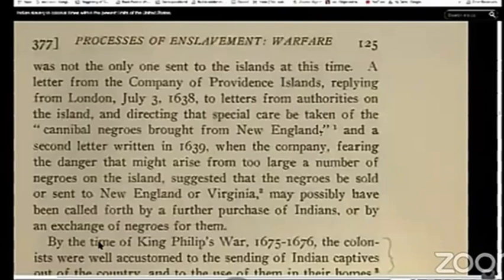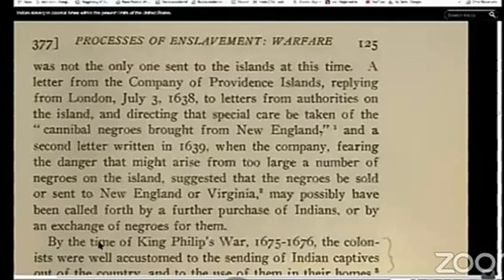And a second letter was written in 1639, when the company, fearing the danger that might arise from too large a number of Negroes on the island, Negroes, all right? So we were talking about Indians, right? They have not mentioned bringing any Africans to these islands yet. So now all of a sudden, what are they calling these cannibal Negroes or Pequots?